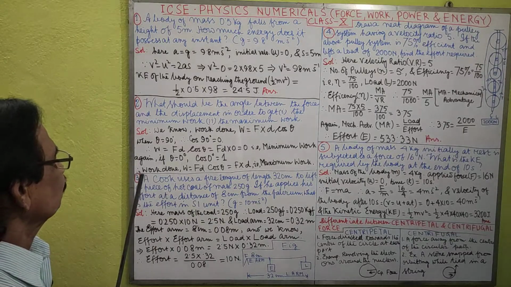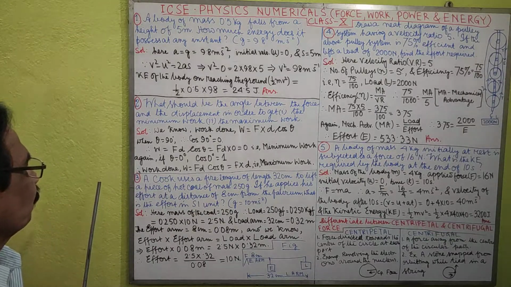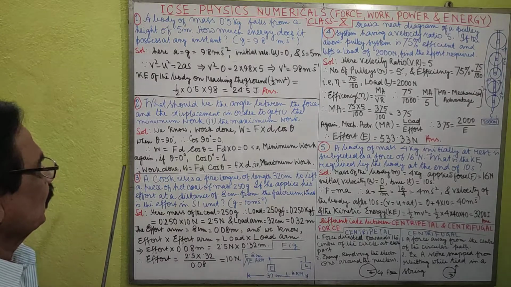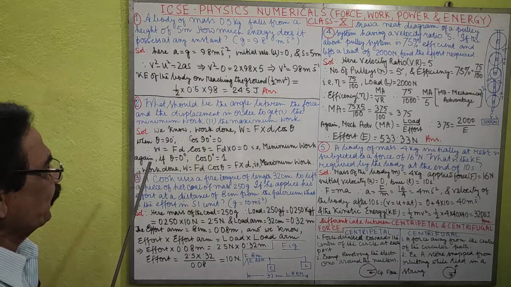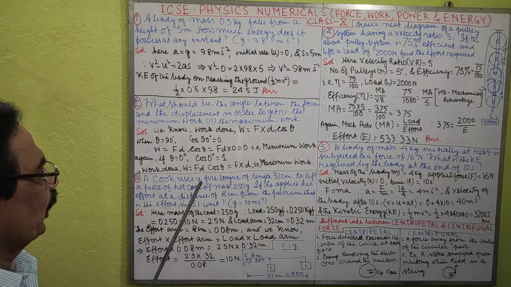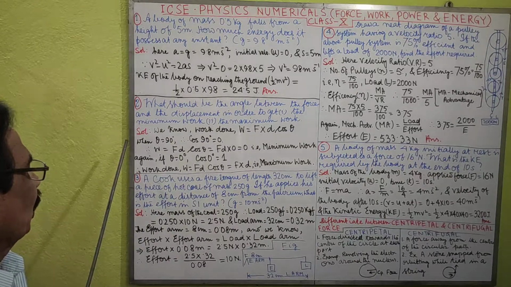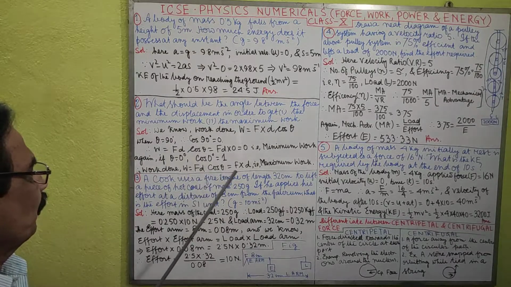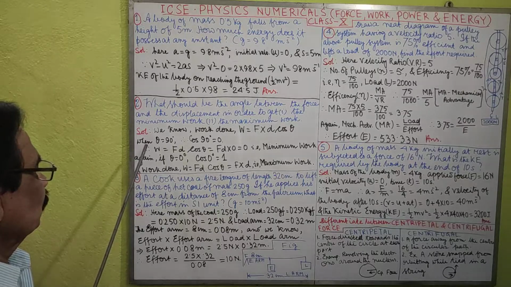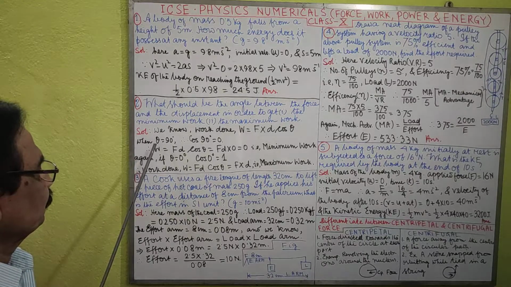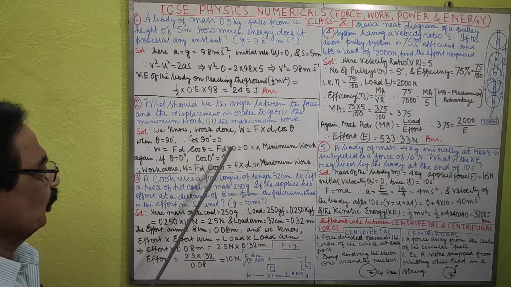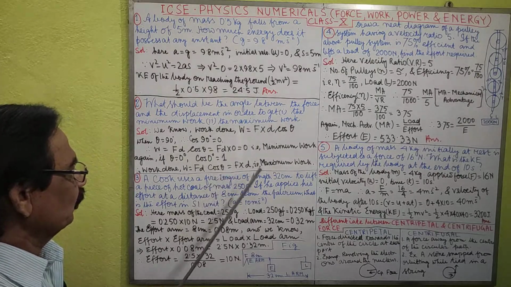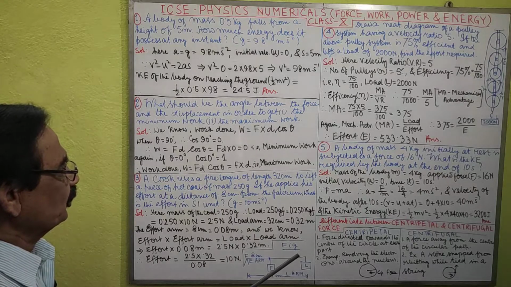This is the answer. Next question: what should be the angle between the force and the displacement in order to get, number 1, the minimum work, and number 2, the maximum work? We know work done, according to the formula, W equal to F into d cos theta.